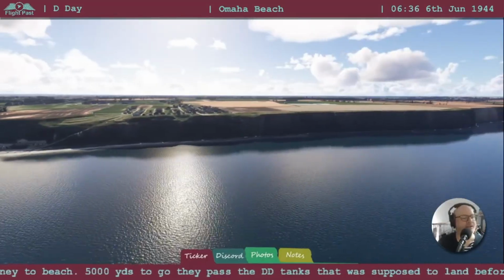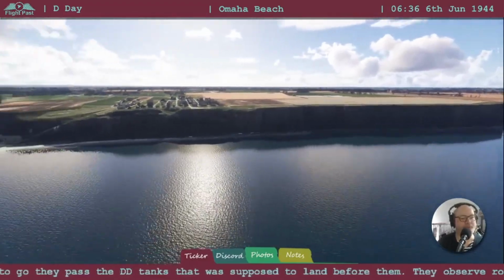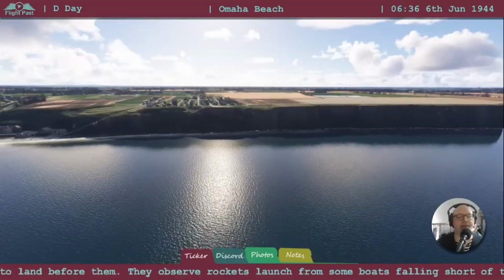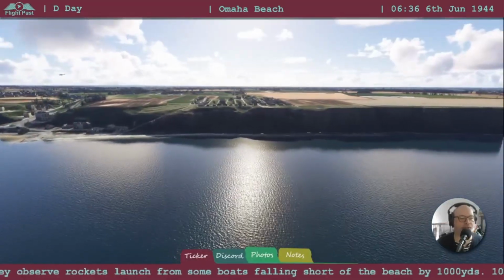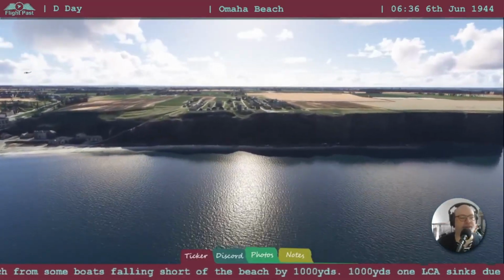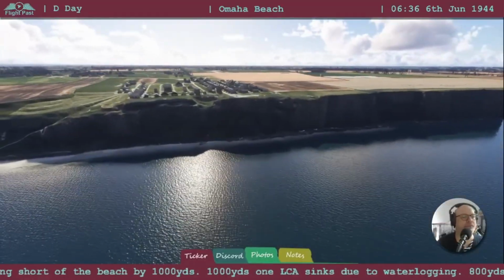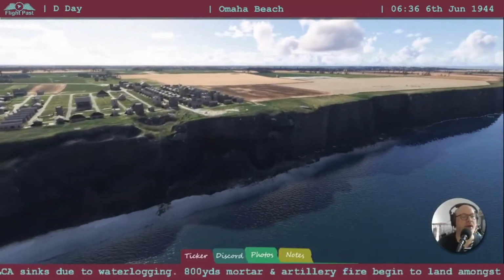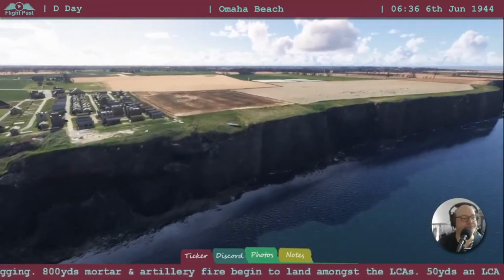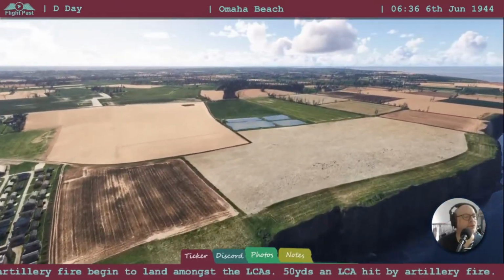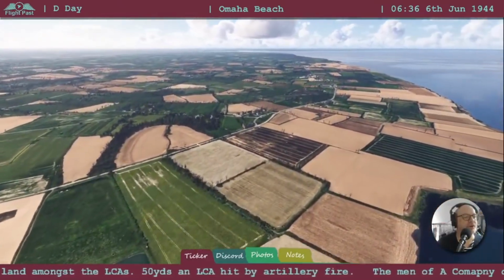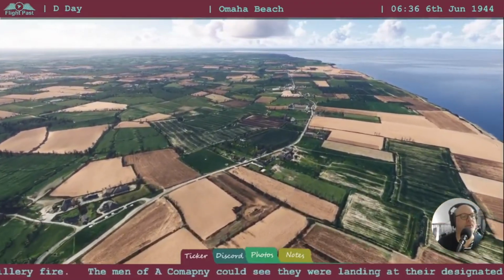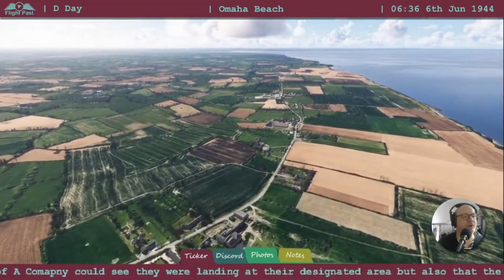They were obviously trained in scaling cliffs because one of the companies was doing the Pont de Hoc, and they were to attack up this cliff, these little draws here, attack WN74, and then they were to basically move down this road here and join up with their guys at the Pont de Hoc over there.